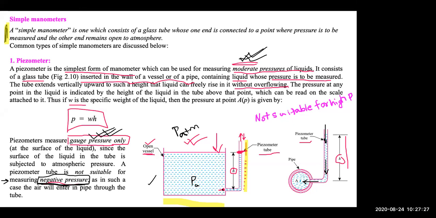Second point is not suitable for measuring negative pressure, so you have to remember this term, negative pressure. Not suitable for measuring high pressure, it will only measure moderate pressure. And the third point is, it is not suitable for measurement of gases.